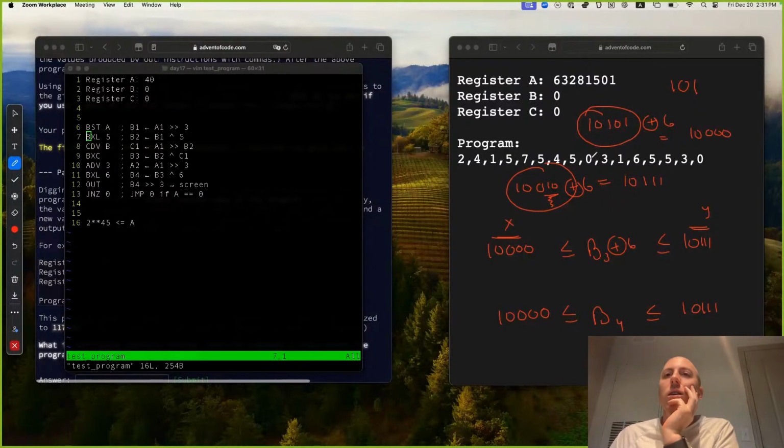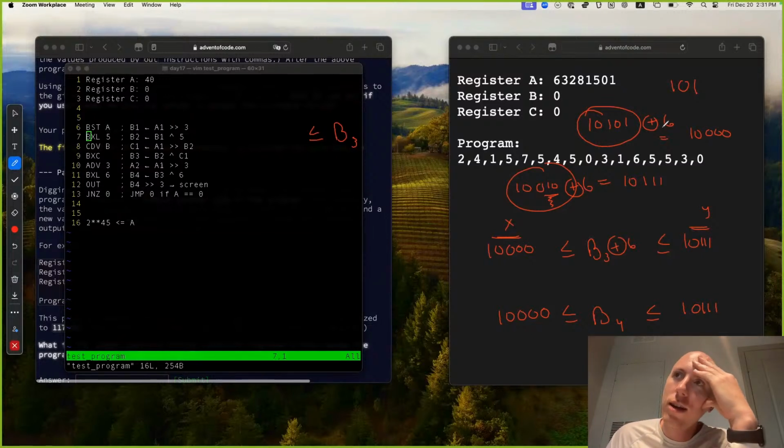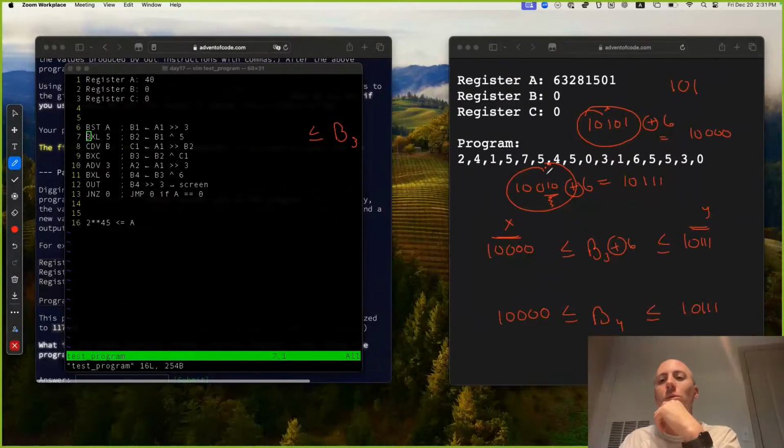What if we said B3 is greater than or equal to... yeah, this is totally nonsensical, because I want to say it's greater than or equal to this and less than or equal to this, but this number is greater than this number here. So this is just totally broken.